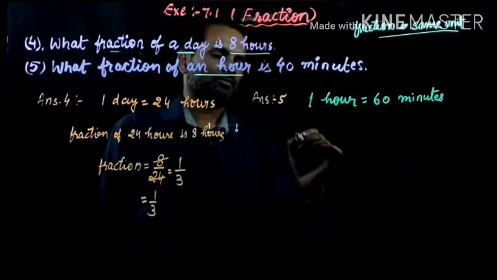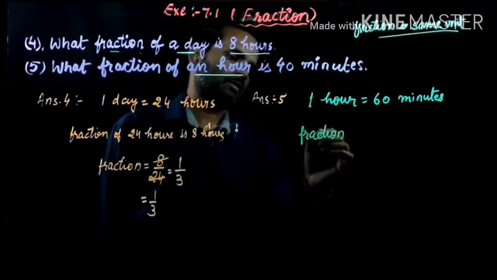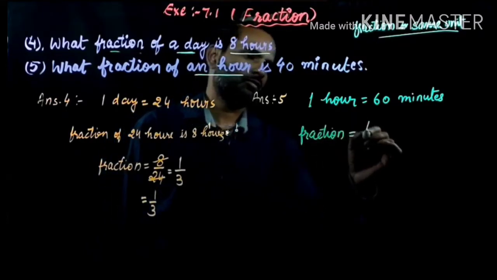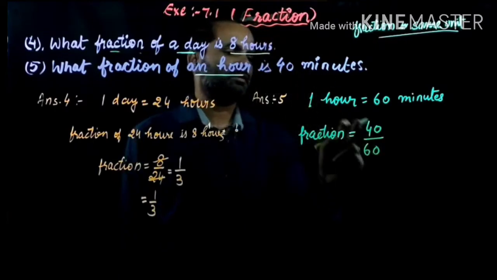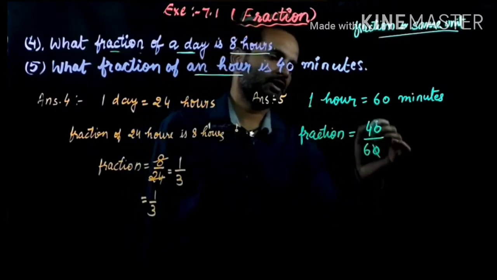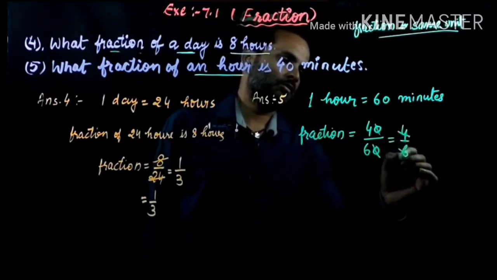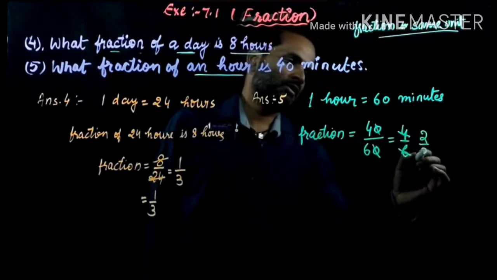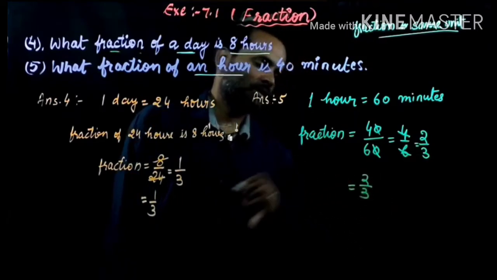So the fraction is 40 upon 60, 40 minutes upon 60 minutes. The zeros cancel, so we write 4 upon 6. Solving further, 2 twos are 4, 2 threes are 6. So the answer is 2 upon 3.